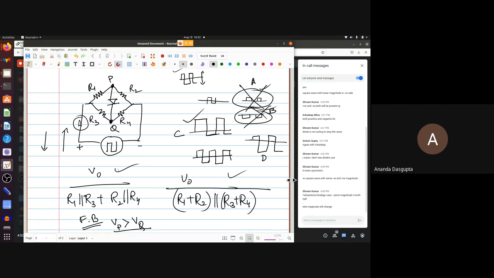Look, you are worried about what will happen through the diode, right? But the trouble is there is a rather complicated circuit connected to the diode. Some bunches of resistances and a voltage source and so on.